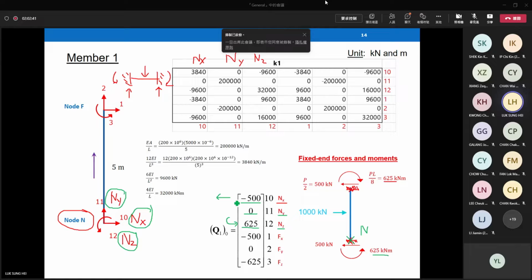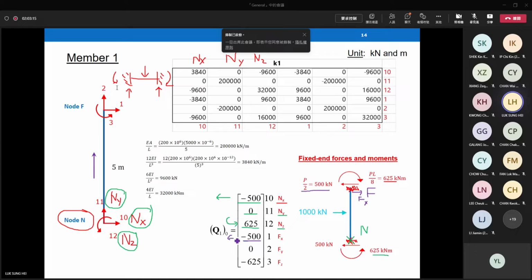So you can use this arrangement to convert the fixed end force diagram back to a vector form. Just put down the picture clearly, put down where node n and node f are, and where nx, ny, nz are. Then I believe everyone can convert them back to vector form. F is the upper node. Fx means the horizontal component. From this picture, we can see horizontal force, but the force again is pointing to the left, so it's negative.